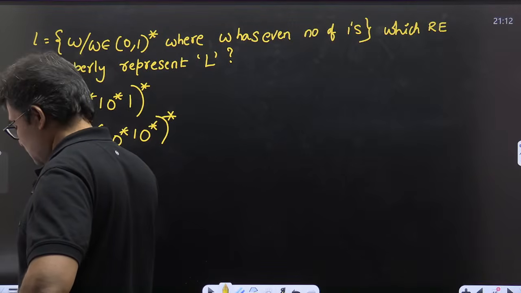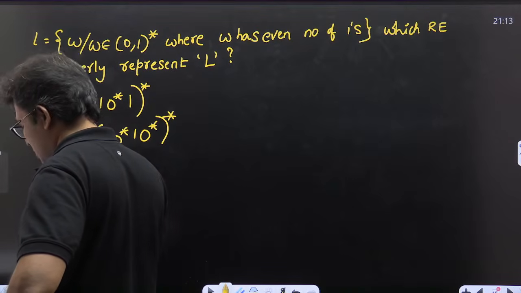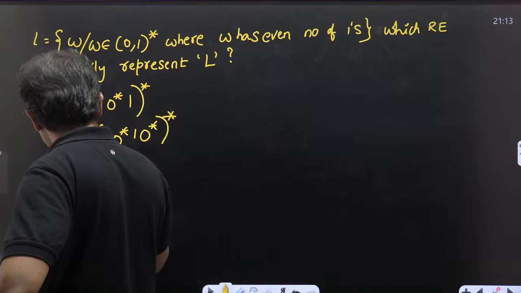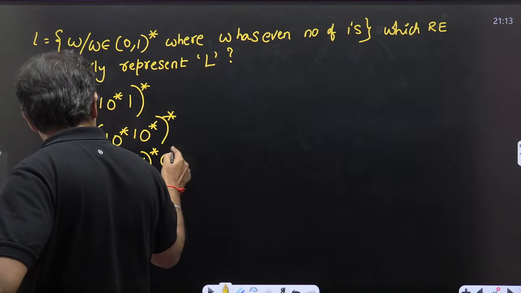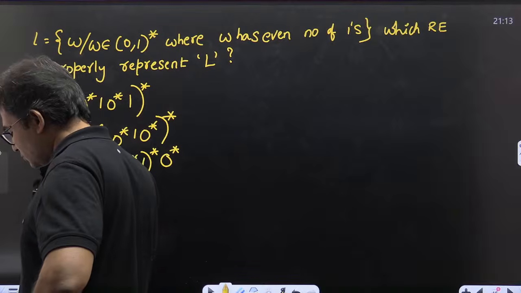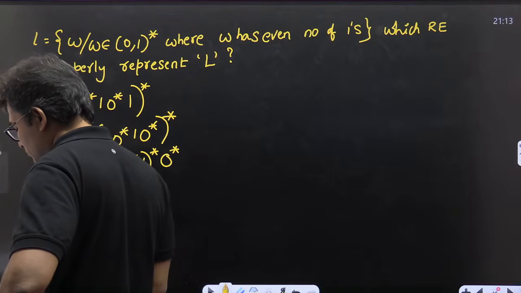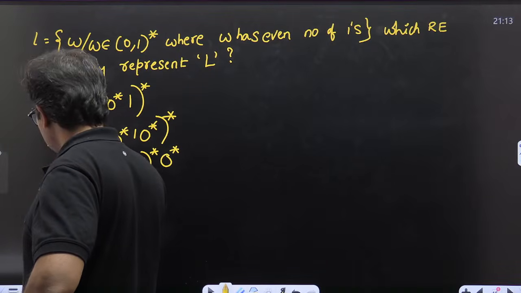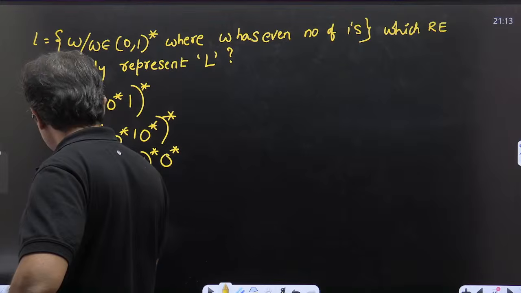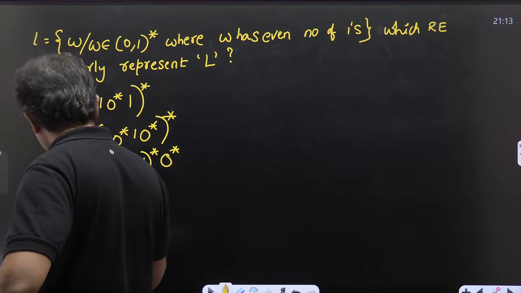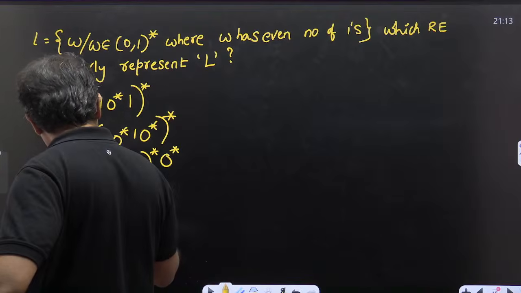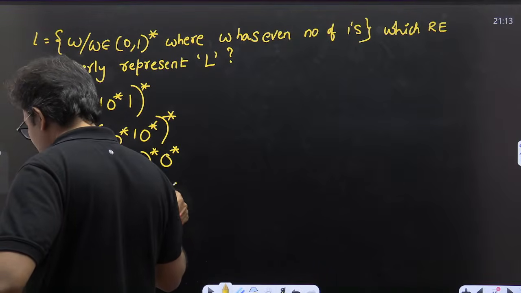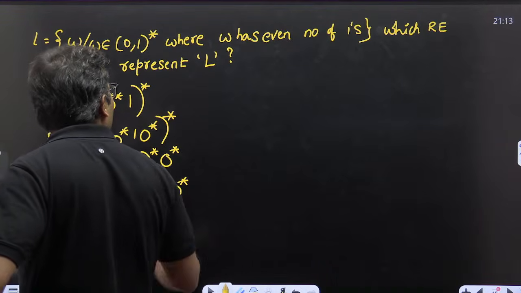C: 0 star 1 0 star 1 whole star 0 star. D: 0 star 1 1 0 star 1 whole star 1 0 star, right?